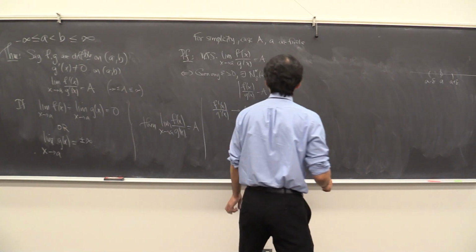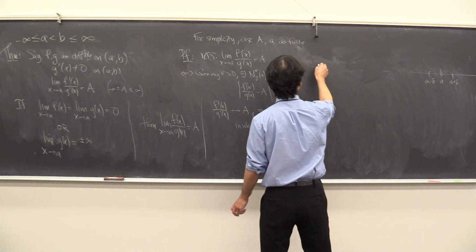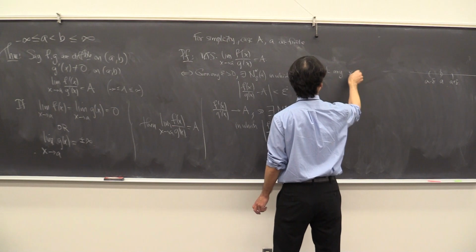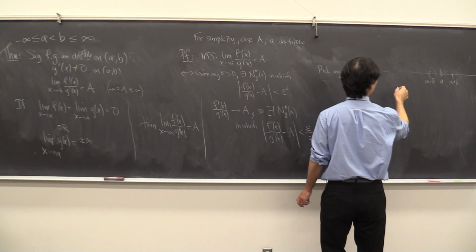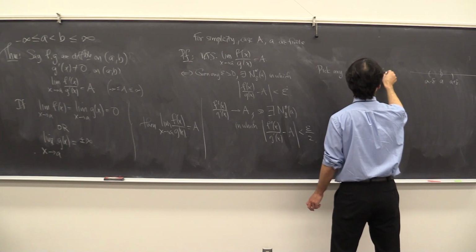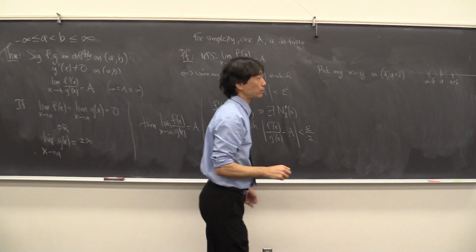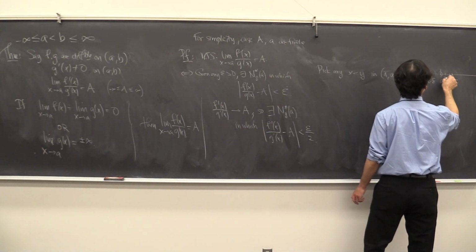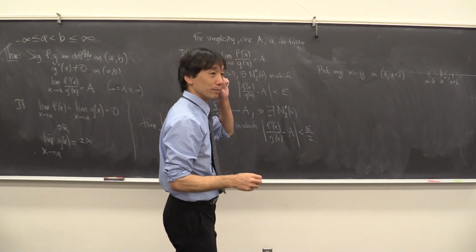Now pick any 2 points x and y, where x is less than y, in the interval, say a plus delta. And we're going to use the generalized mean value theorem.